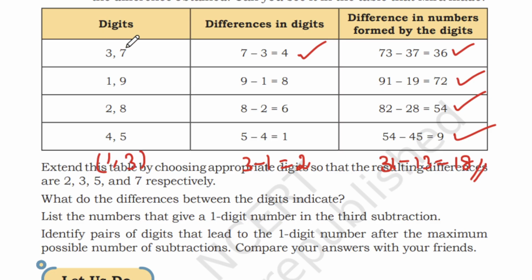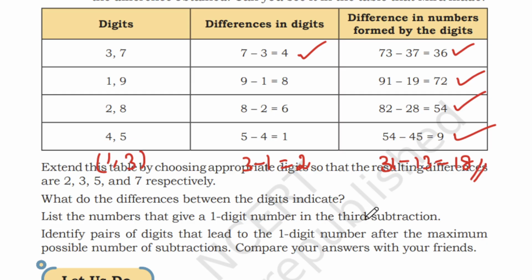They have already completed 3, 7, 1, 9, 2, 8, 4, 5. So you can continue with 1, 3, 4 and 6. The differences should be more than 5, 6, 7 and 8. You can take an empty paper or do this in your rough note and compare with your friends. Always remember, you should always get a multiple of 9.